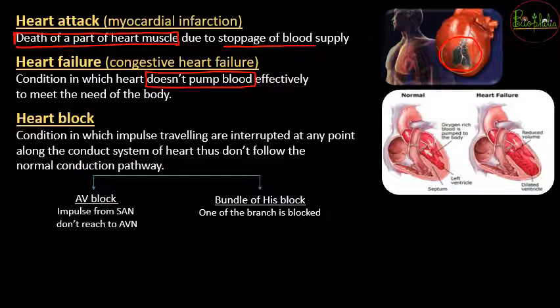Next term that comes is heart block. Again, third term that has heart, but these all are different. Heart attack, heart failure, heart block अलग अलग है. So what is heart block now?